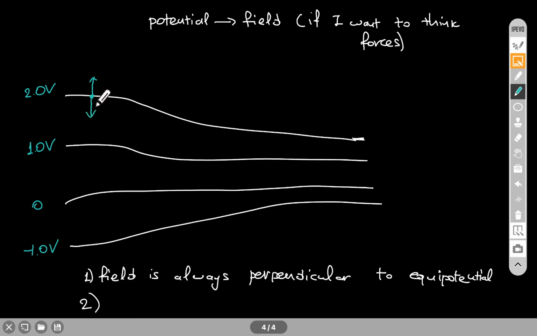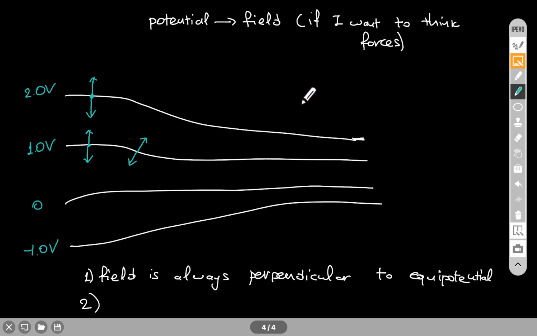But I do know that it has to be perpendicular to the equipotential line, so it will have to be one of those two options. And then here it will have to be perpendicular again, so it will be either that or that, and I can do the same thing for the other ones. Always perpendicular to the equipotential. Now, I want to talk about how you will know which one of the two arrows is the correct one.